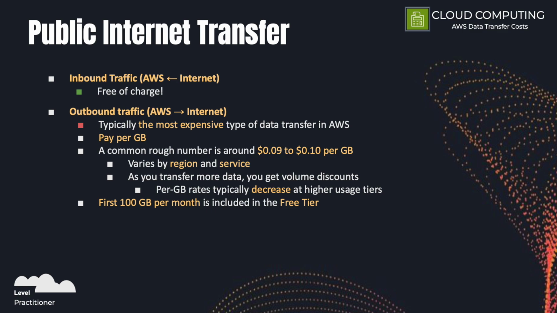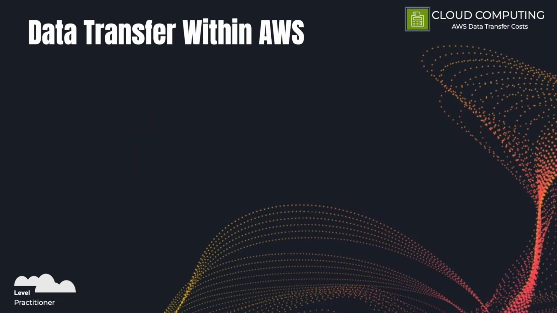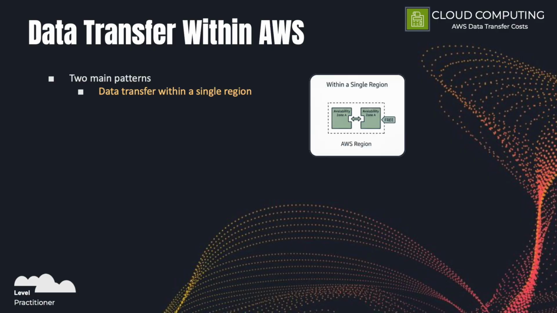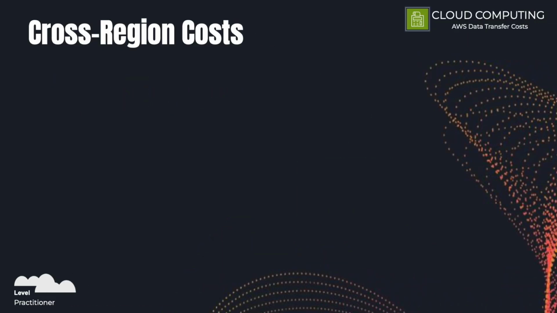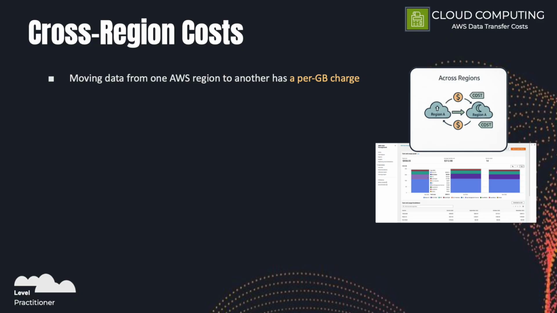So next, let's talk about data transfers within AWS. Here we have two main patterns: data transfers within a single region and data transfers across regions. And because this traffic usually stays on the AWS global backbone network, it tends to be cheaper than going out to the public internet, of course. When data moves from one AWS region to another, there's also a per gigabyte charge.